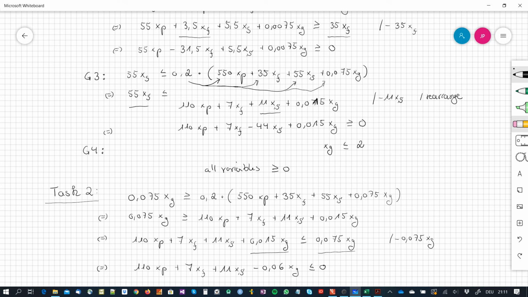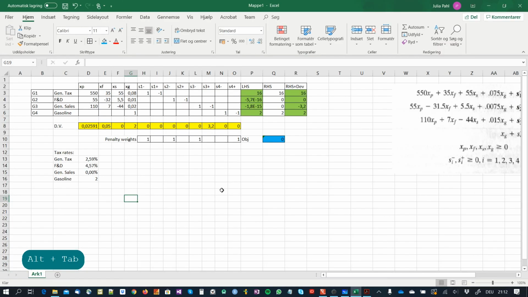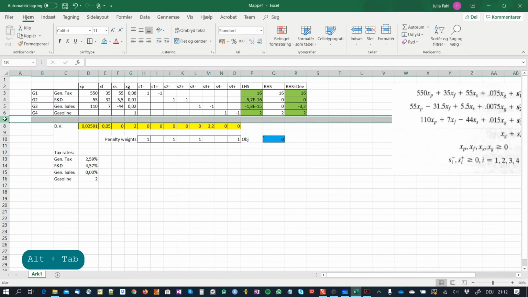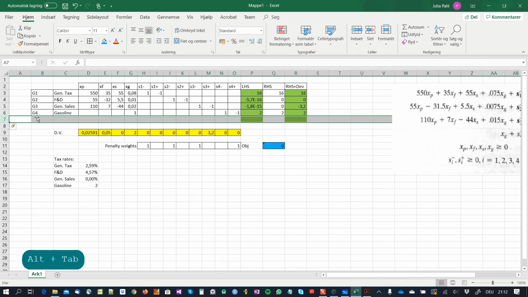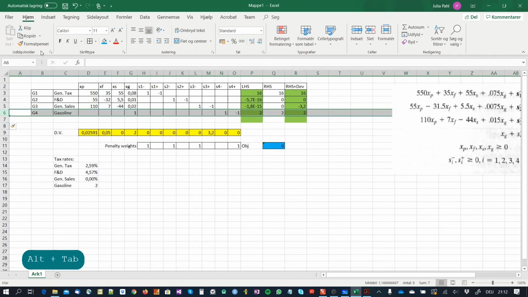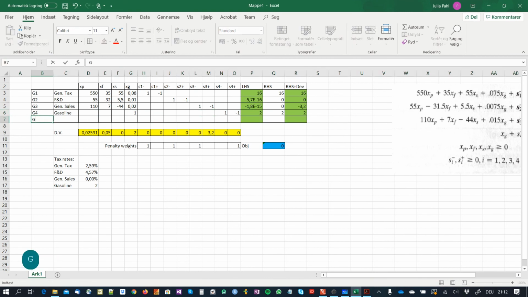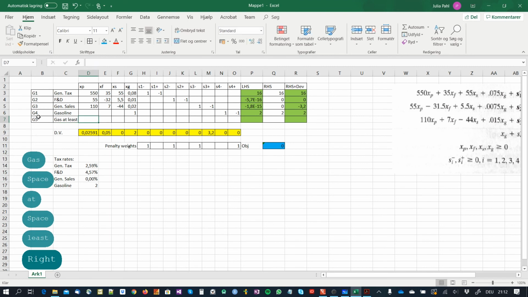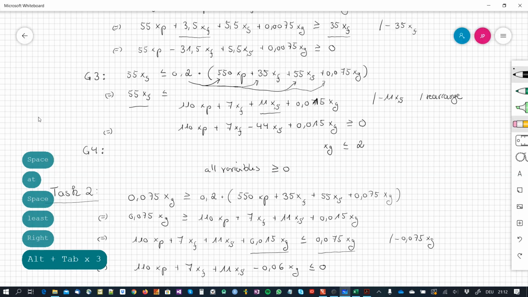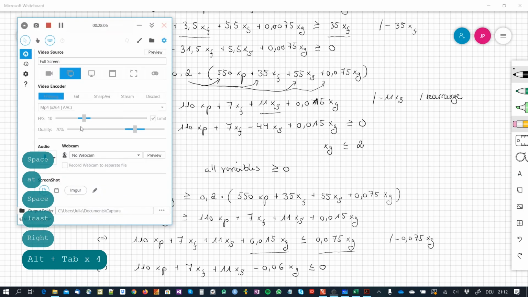Okay, now we can include this in Excel. We modify our model accordingly. We set in a new goal, G5, that we have just derived. Gasoline at least, I call it. And that was given by this constraint.